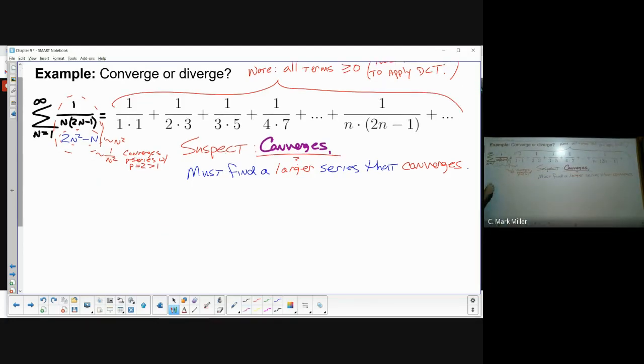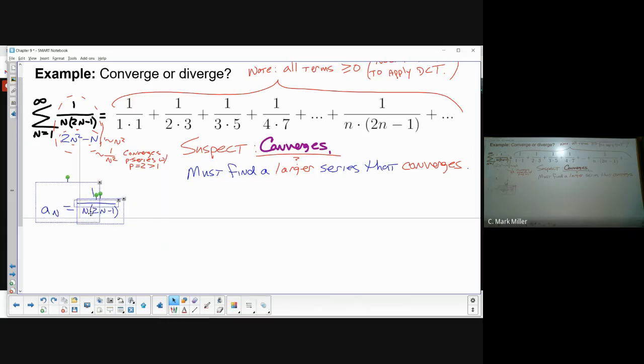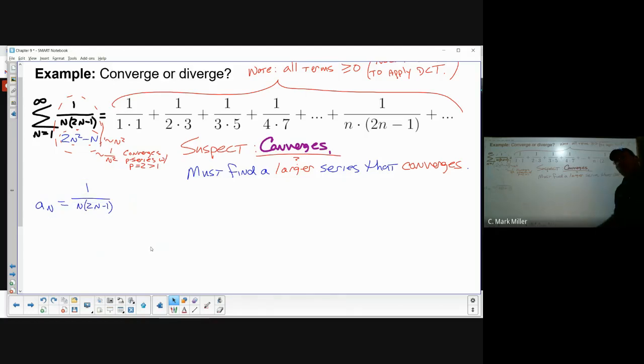If a_n is 1 over n(2n minus 1), what would be a larger series that converges?